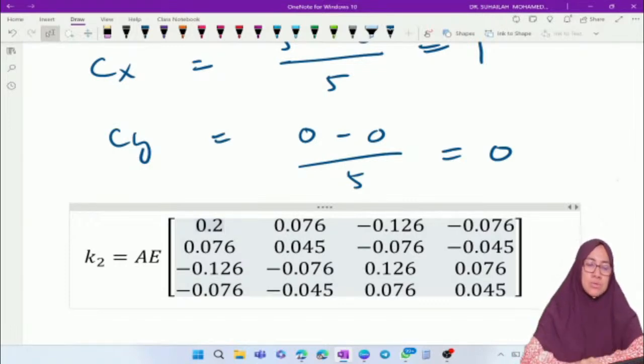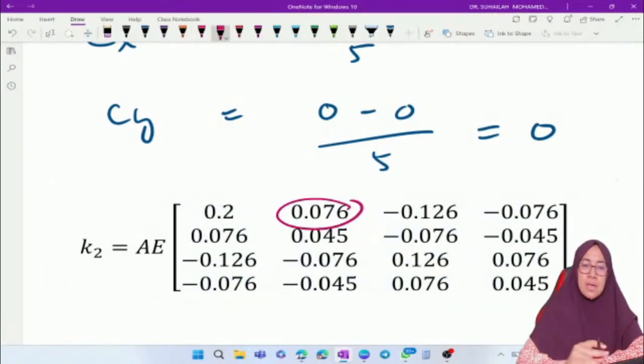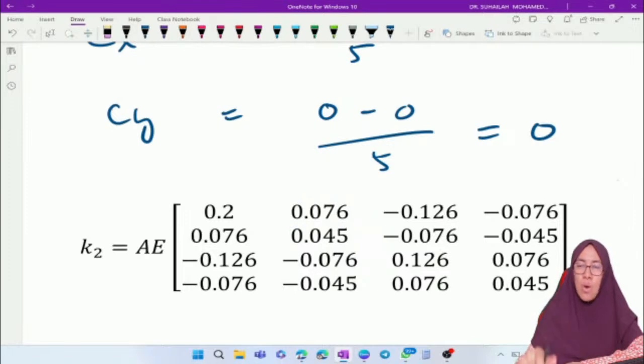Okay, the second value here is Cx, Cy. Cx, Cy is 0.